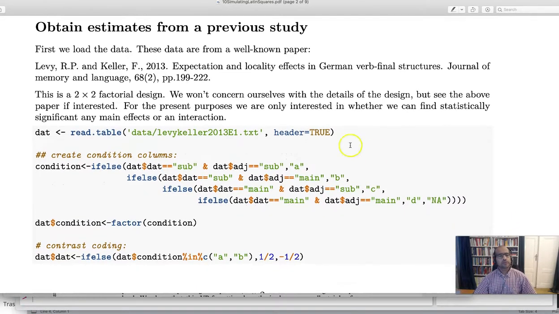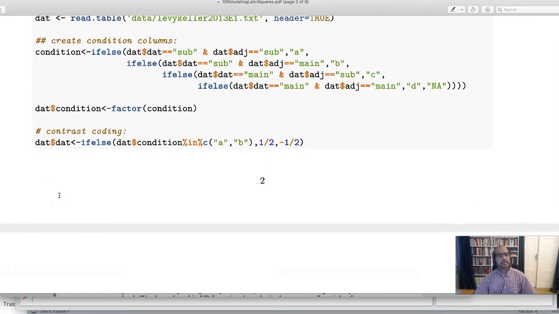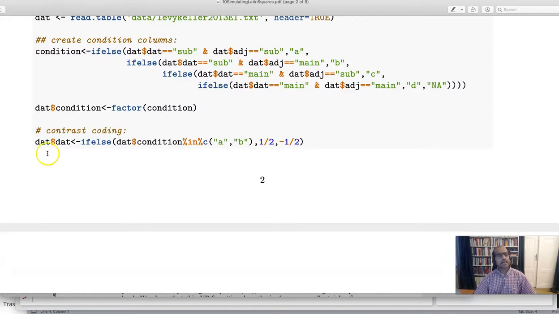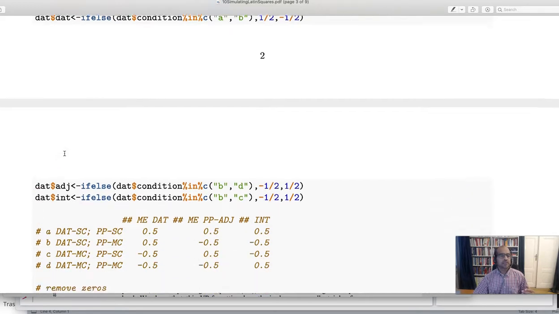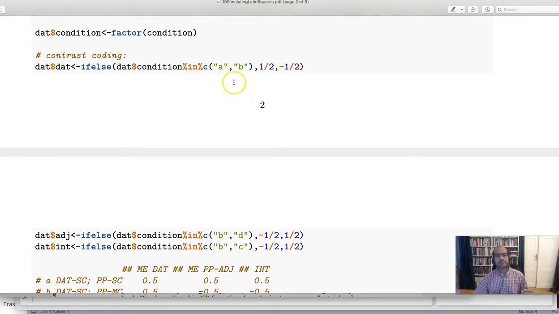Okay, so we load the data, and then I create a condition column, and once I've done that, I start defining my contrast coding. It just turns out that the way this experiment was set up was that the first factor, which they call DAT for dative, had the levels AB for one. The first level was AB and the second level was CD.